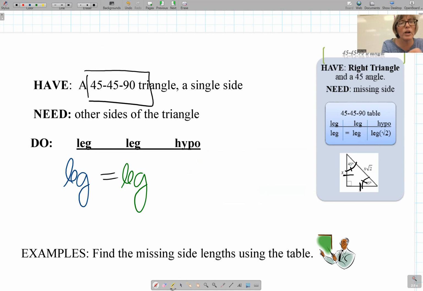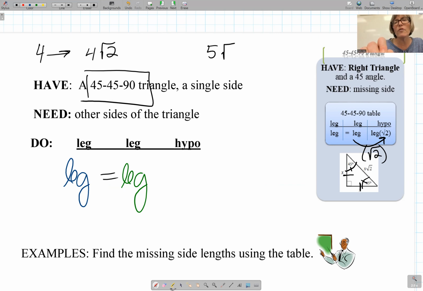Again, this shortcut is only for 45, 45, 90. So the legs are equal. The hypo is whatever the leg is times the square root of 2. The other side, we went 4 to 4 root 2. And we went from 5 root 2 to 10.